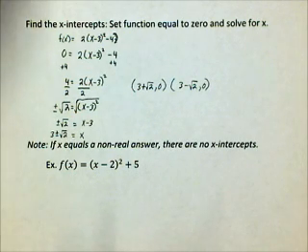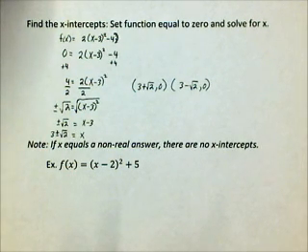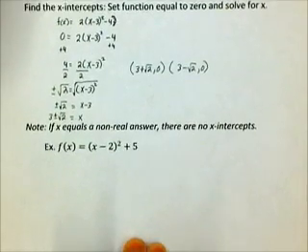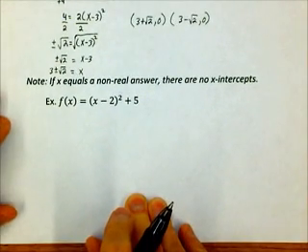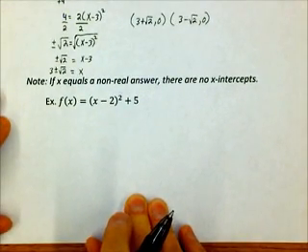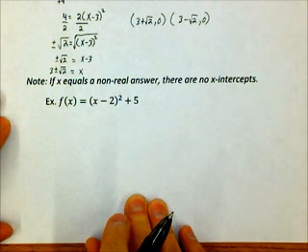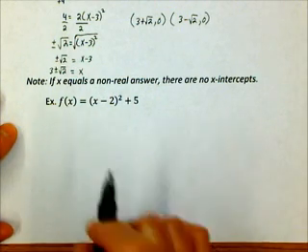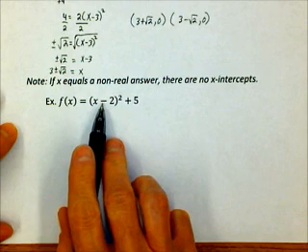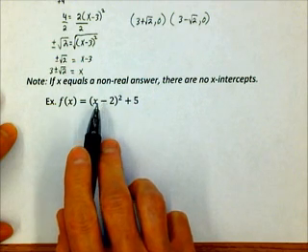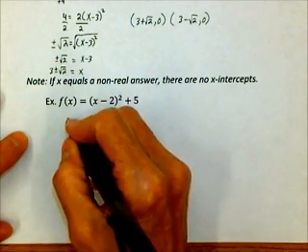Now, if x ends up being a non-real answer, there are no x-intercepts. So let's do an example like that. This is a different function. Now let's try setting it equal to 0.